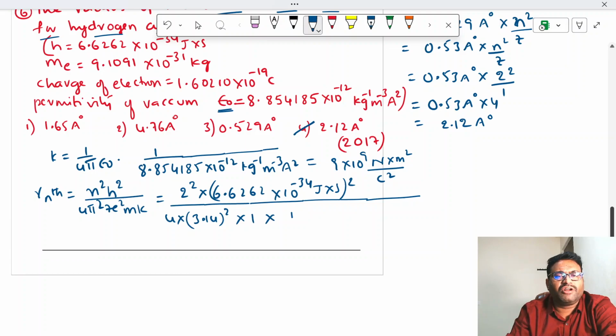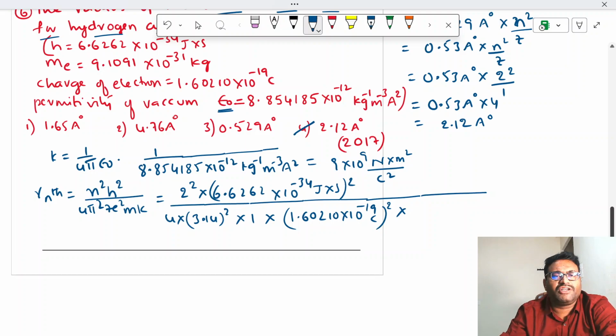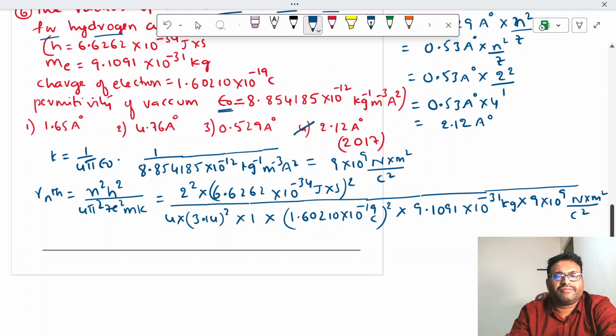The charge on an electron is 1.60210 into 10 power minus 19 coulombs, whole square, into Z square into m into k. The mass of the electron is given as 9.1091 into 10 power minus 31 kg, and the k value we have just seen is 9 into 10 power 9 Newton meter square per coulomb square.